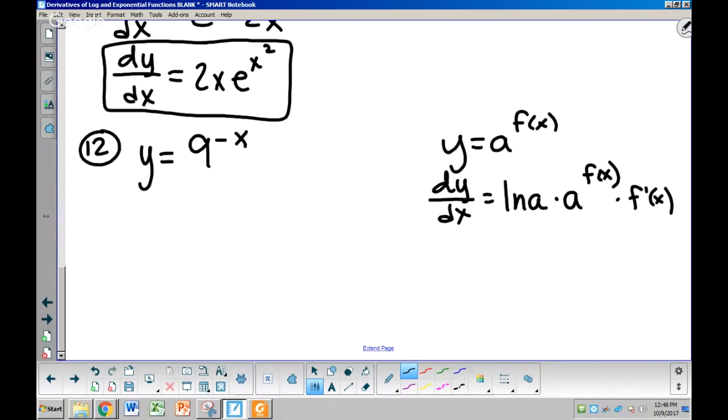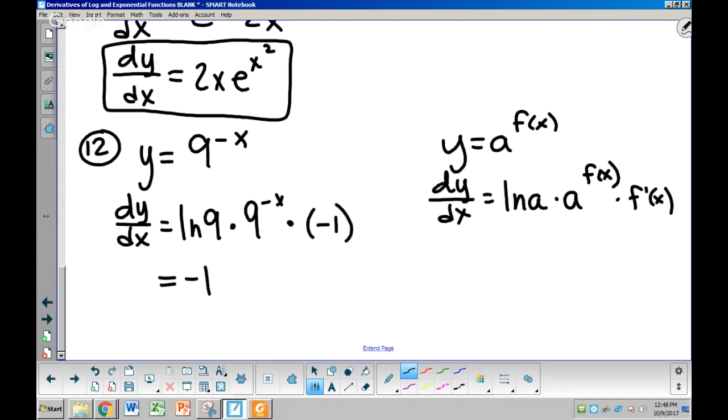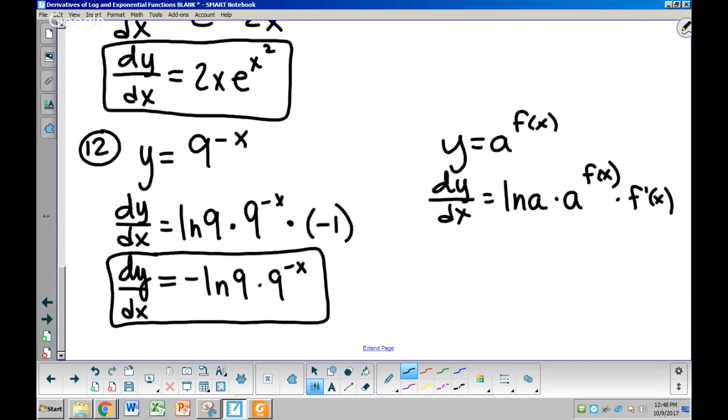So what is dy dx here? Natural log of 9. Good. Times 9 to the negative x times negative 1. So I usually write negative 9, natural log of 9 times 9 to the negative x. So the only difference if you have a base that's different than e is that you have to add the natural log of the base as a multiplier in that formula.